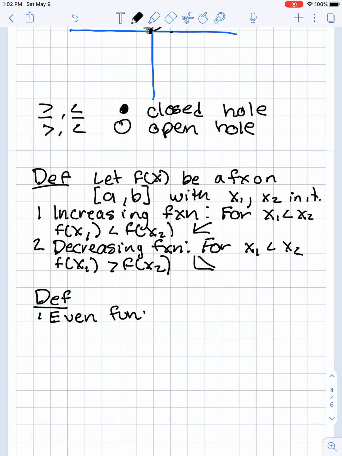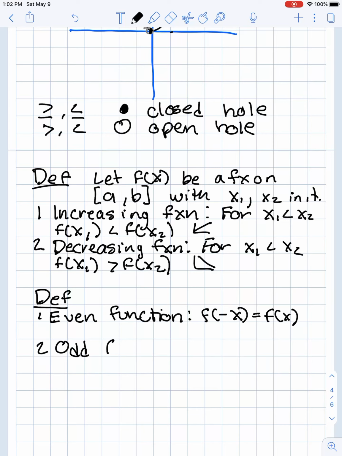An even function is defined as simple as this. If I have f of negative x, it's going to equal f of x.